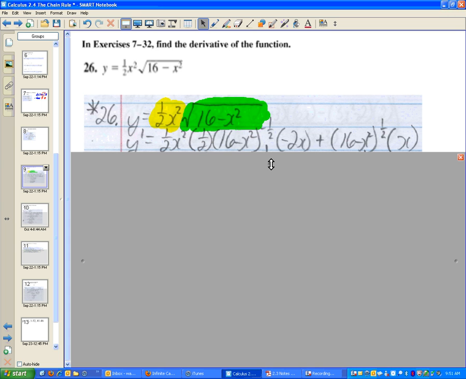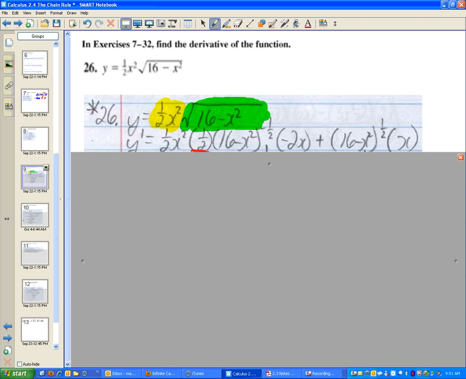That square root of 16 minus x squared, mentally, put a parentheses around the 16 minus x squared and an exponent of 1/2 on it. Okay? So to take the derivative of that, I do the general power rule.